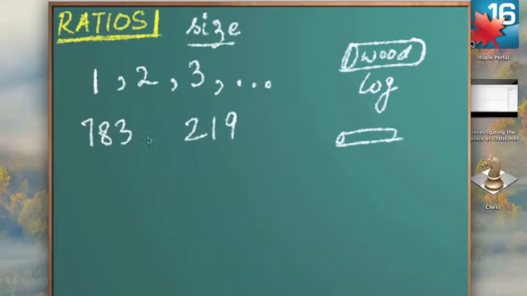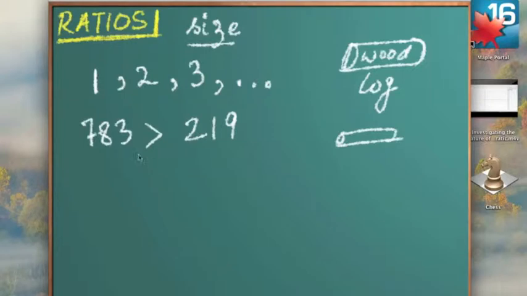So this is a very important property of natural numbers and of the real world, that given any two quantities, we can compare them. For these two numbers, the relationship between them is that 783 is larger in size than 219.